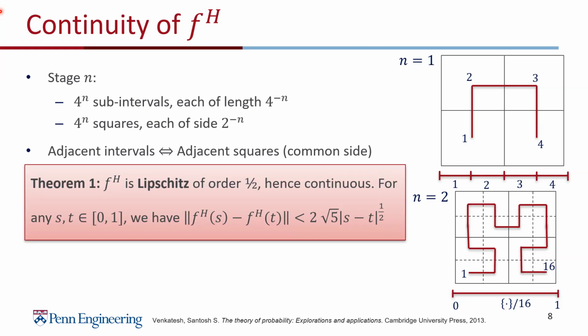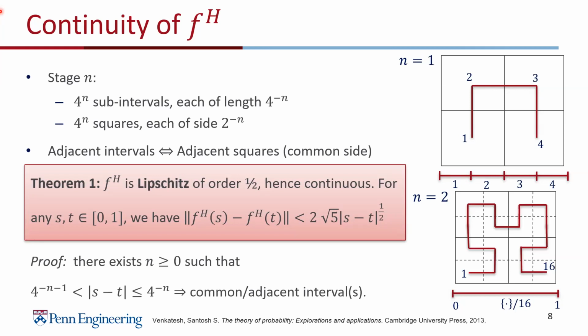The idea behind the proof is, if you have two points in the interval s comma t, they always satisfy this inequality for some n. If s and t are really close, you just increase your n. So as n tends to infinity, this is going to become 0. And if s and t are really far, you can make n equal to 0 so that mod of s minus t is less than or equal to 1.